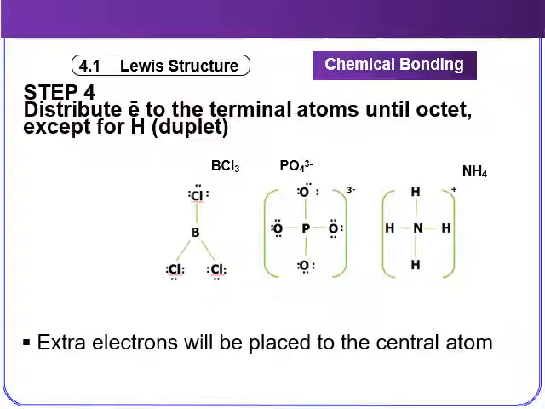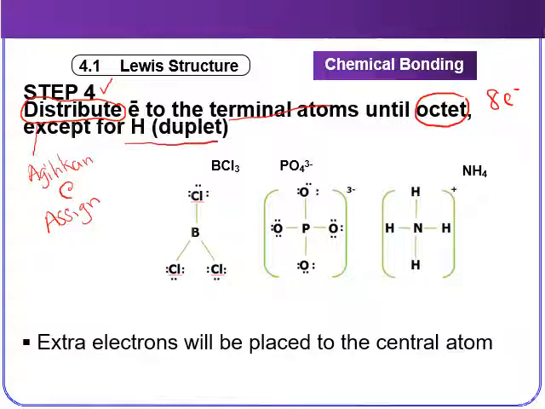Continue with step 4. Distribute electrons. Distribute has the meaning of assign, okay, assign the electrons to the terminal atoms until octet, 8 electrons, except for hydrogen, duplet, meaning 2 electrons.